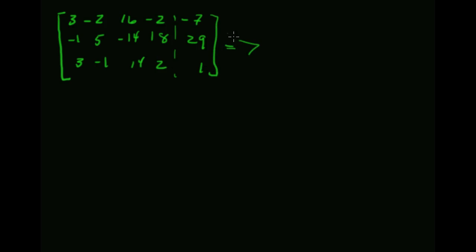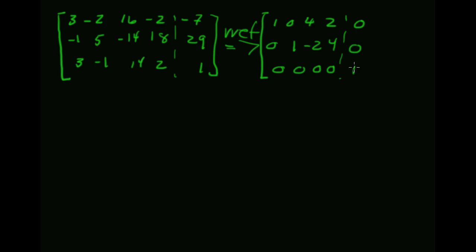Okay, so again, I perform Gauss-Jordan. I'm going to get 1, 0, 4, 2, 0, 0, 1, negative 2, 4, 0, 0, 0, 0, 0, 1.